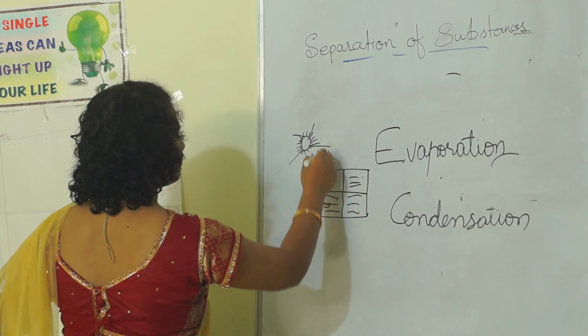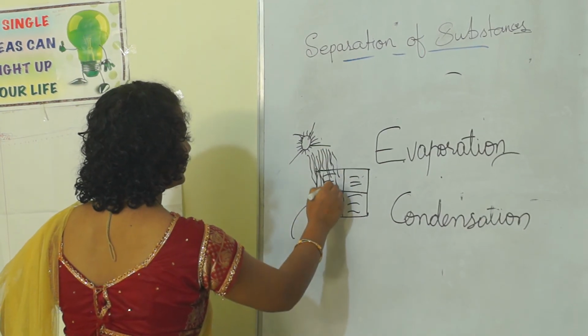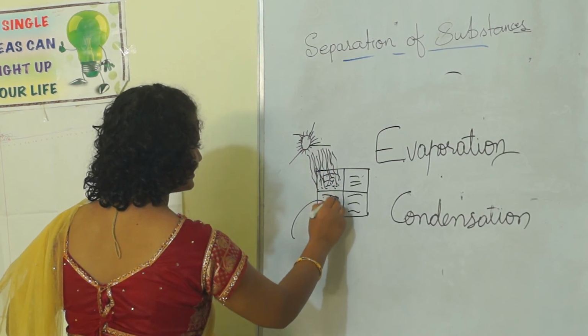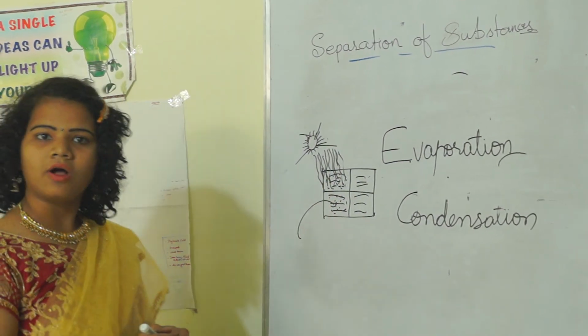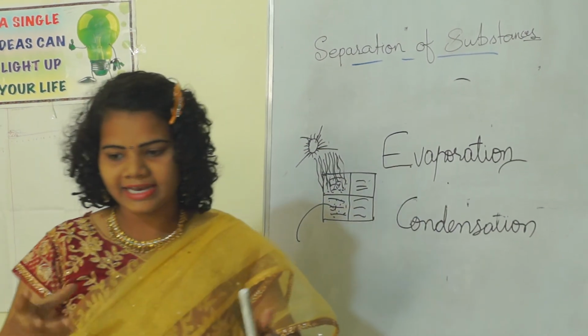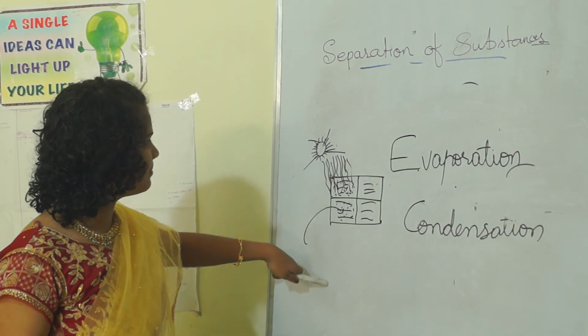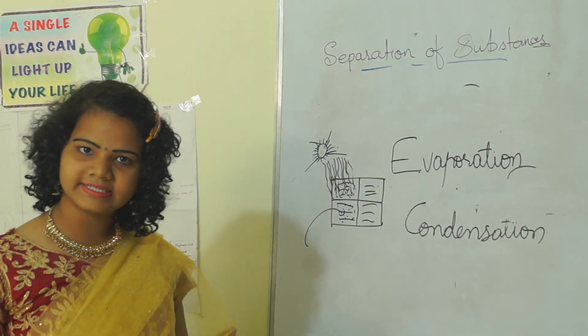The water goes away, leaving some salt crystals behind. So all the water evaporates, leaving a few salt crystals behind. This process is the best example of the evaporation process.